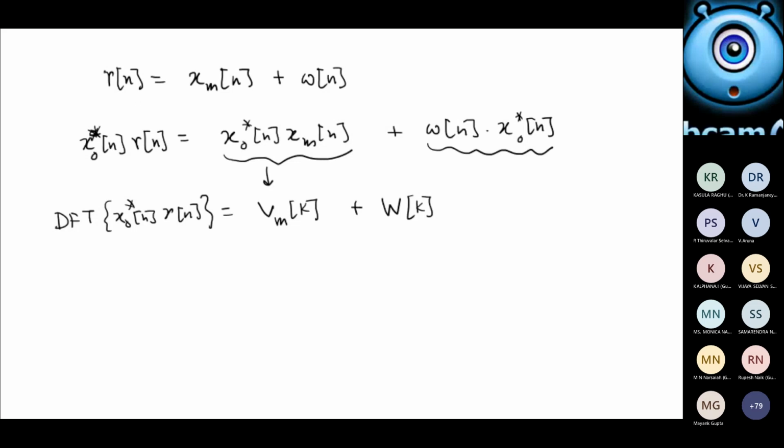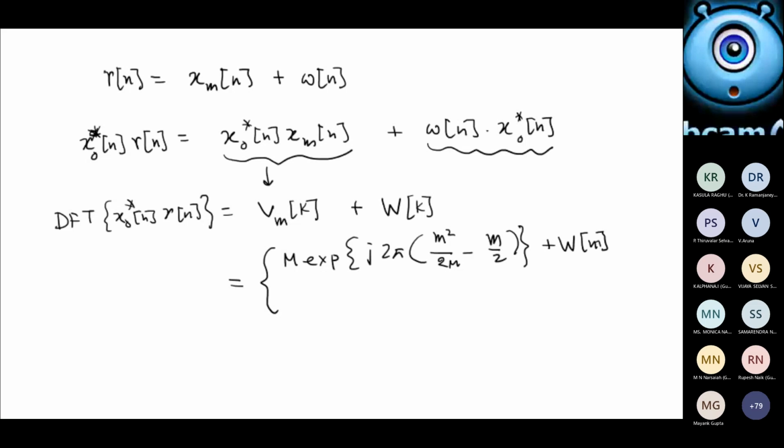So since we already know the expression for V of m, k, which is non-zero for k equal to m and 0 otherwise, we can simplify this complete expression as M times exponential j 2 pi (m squared by 2M minus m by 2) plus W of k for k equal to m. And otherwise, it's going to be W of k.